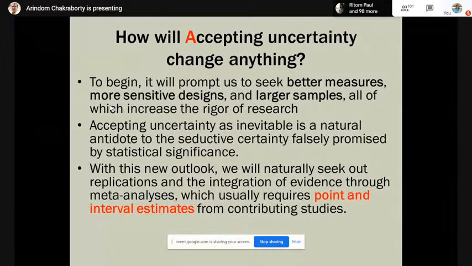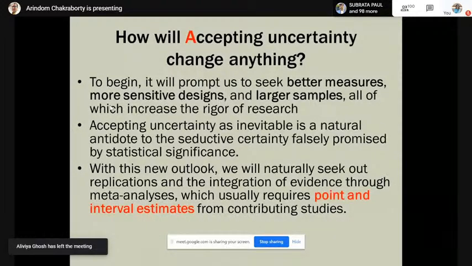With this new outlook, we will naturally seek out replications and the integration of evidence through meta-analysis, which usually requires point and interval estimates from contributing studies. This is the concept that people are accepting nowadays, meta-analysis. Suppose you have done a study on a particular problem, and someone in the UK or US or some other part of the world is doing the same thing, and they have produced their results, and their papers are published.